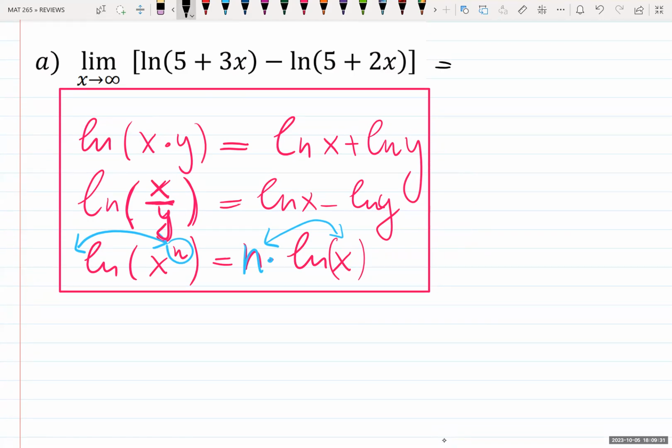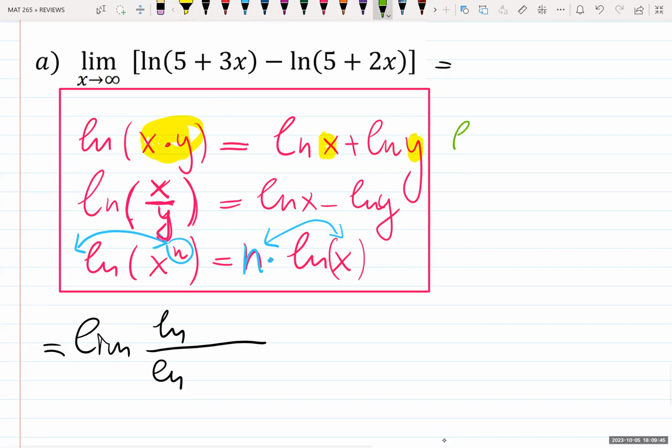So what you do first, you use this property. It's not ln over ln. I also tell my students this week, log works with inputs, but there's no formula that tells you what to do with log over log or log times log.